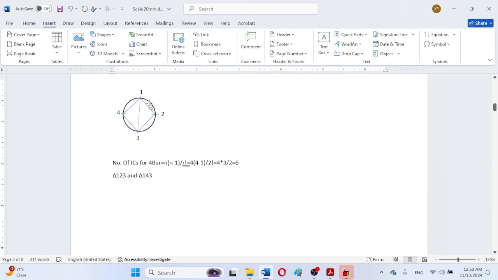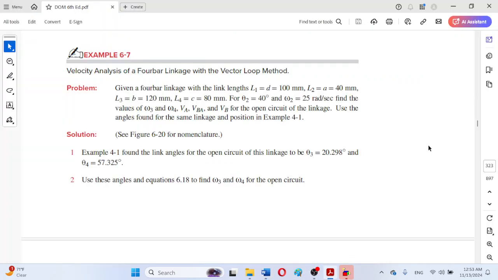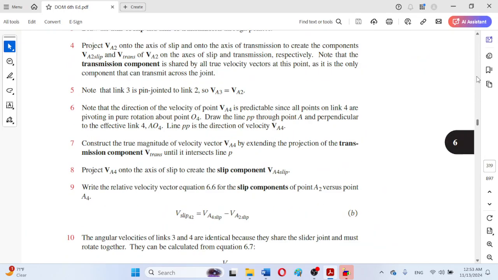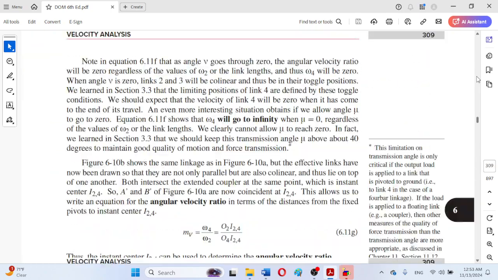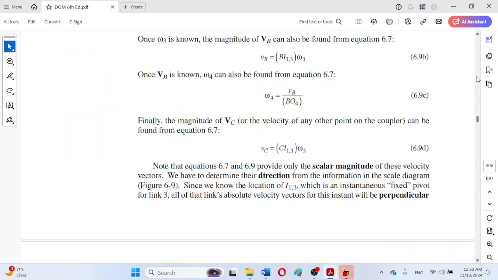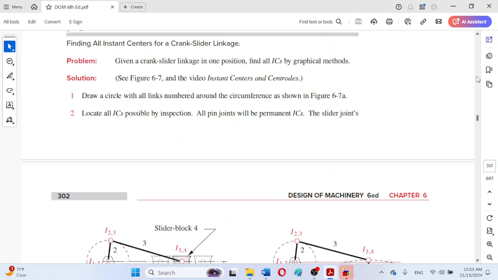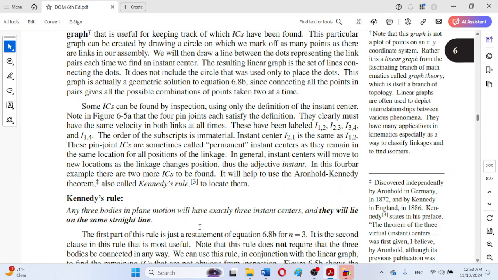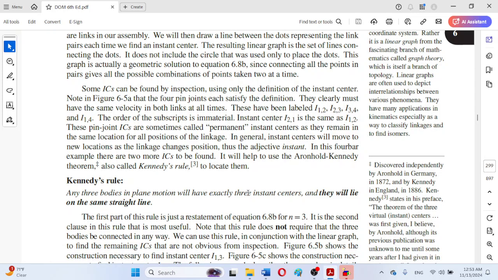connecting. Now we will be using Kennedy's rule, which states that any three bodies in plane motion will have exactly three instant centers, and they will lie on the same straight line.